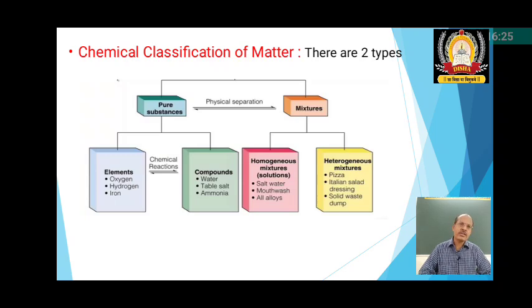Heterogeneous, sand mixed with sugar, or milk in the water or water in the milk, that forms a heterogeneous mixture. So that is about the examples of homogeneous and heterogeneous. Now we will see in detail about what actually a pure substance is and what mixtures are.